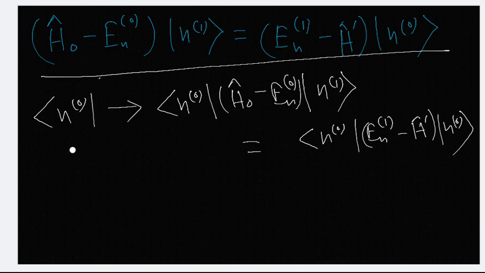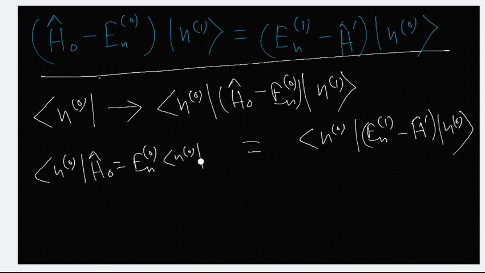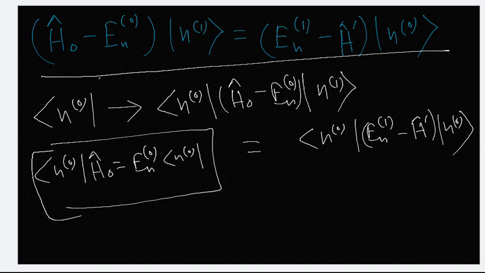Because ⟨n0| acting on H0 will yield En0 ⟨n0|, because the original Hamiltonian is Hermitian, so those terms will be 0. So then we have this equal to 0.